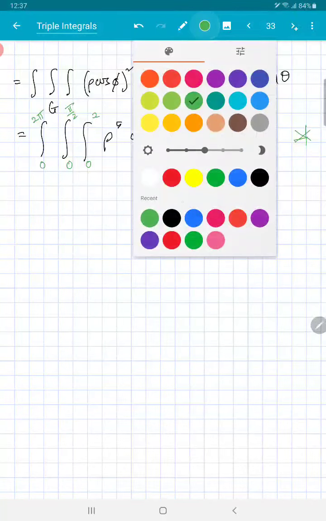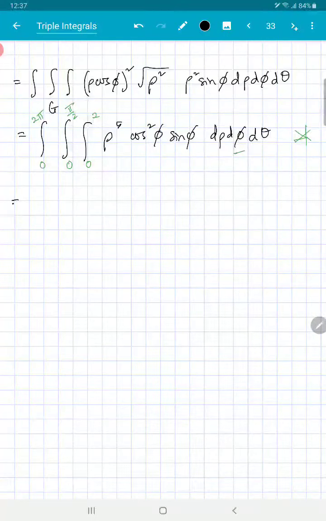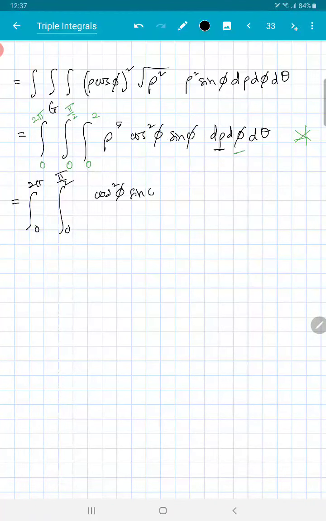Okay, let's evaluate this. We have 0 to 2 pi, 0 to pi over 2. Let's integrate with respect to rho first, which means that cos squared phi and sine phi here are considered constant. So integrating rho to the power 5, we have rho to the power 6 over 6, and then replace rho with the upper and lower limits, 0 to 2.